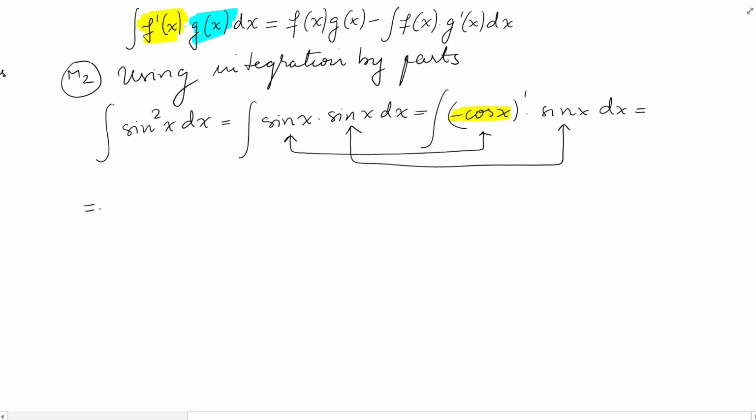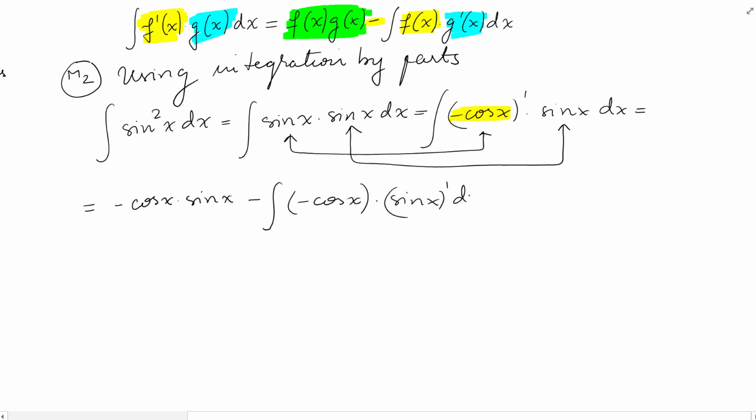Now, the integration by parts says put the product of two functions with no prime or anything. So in our case, it's going to be negative cosine of x times sine of x. Then it says write minus, so minus the integral, and now copy the first one without any prime, so it's minus cosine of x, and then times differentiate the second one, so sine of x prime dx.